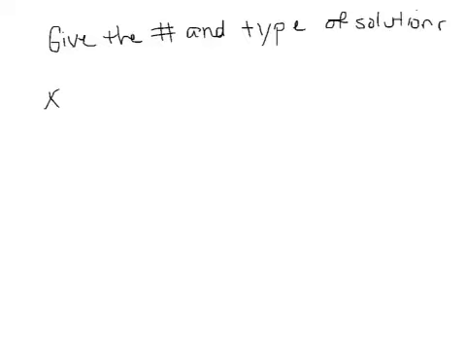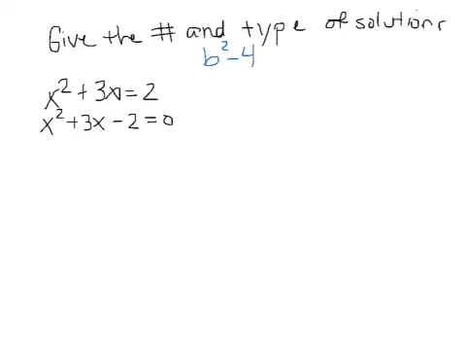If we have x squared plus 3x equals 2, first thing, this has to be set equal to 0, so we've got x squared plus 3x minus 2 equals 0. So to find the discriminant, again, our discriminant is always just b squared minus 4ac. A is 1, b is 3, c is negative 2.